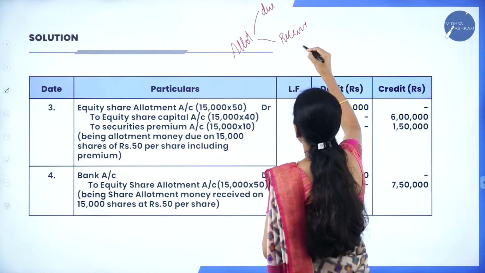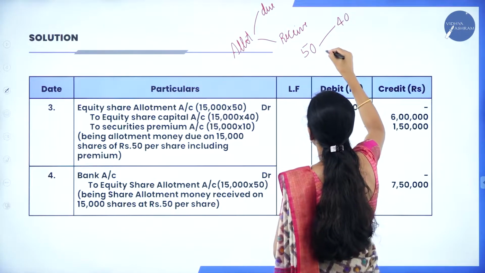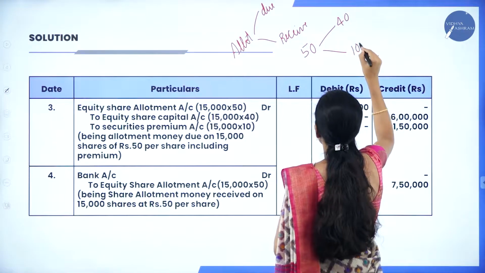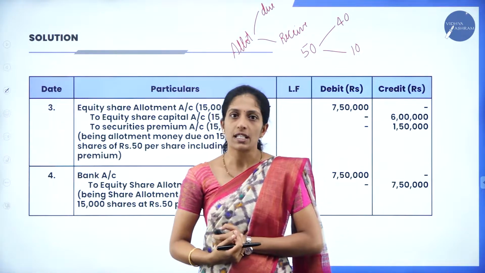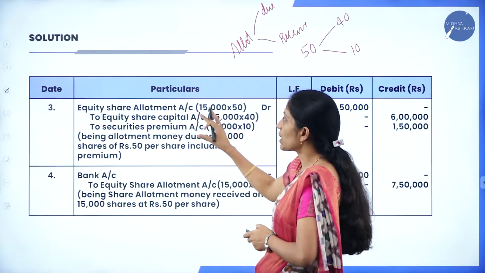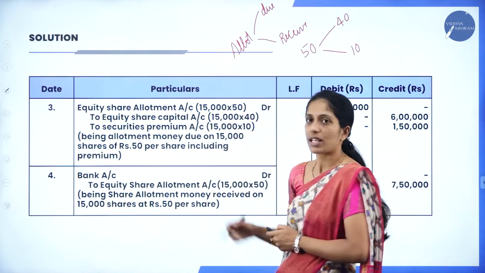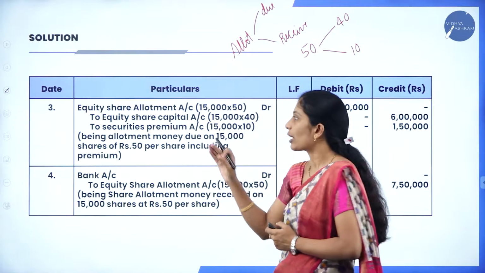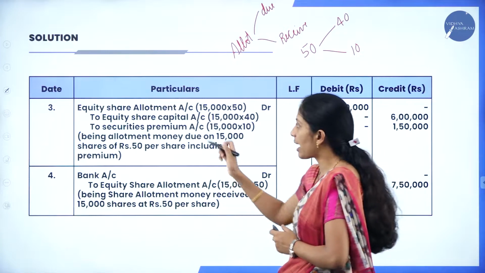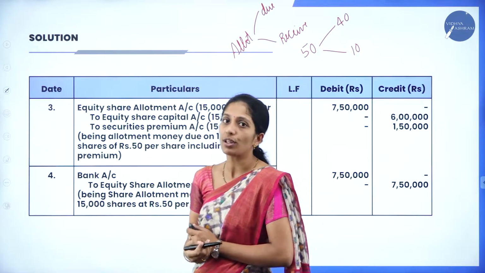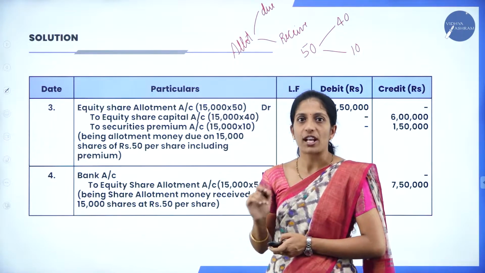They have given allotment money as 50 rupees, where 40 rupees will be transferred to equity share capital and 10 rupees will be the premium, which will be transferred to securities premium account. So, let us see what is the due entry. Equity share allotment account debit to equity share capital and securities premium account. Suppose there is no premium, then you will directly write equity share allotment to equity share capital. Here in this problem, there is a premium of 10 rupees.